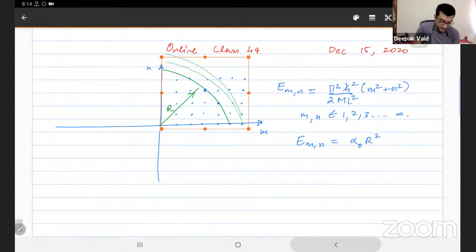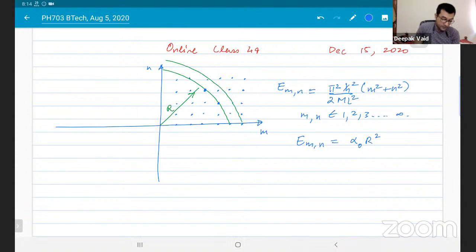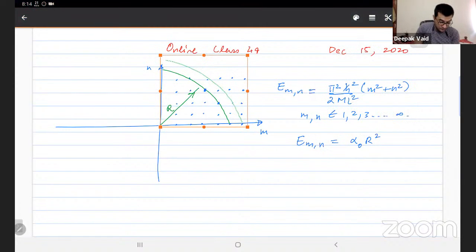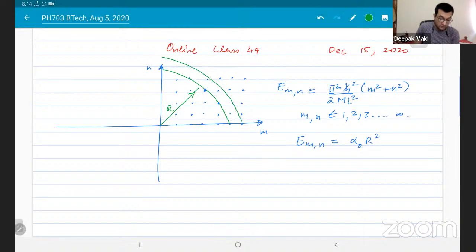So what we do is we make another circle like this, and now what you can see is that in the region that lies between these two circles, there is a certain number of states which lie within this region.